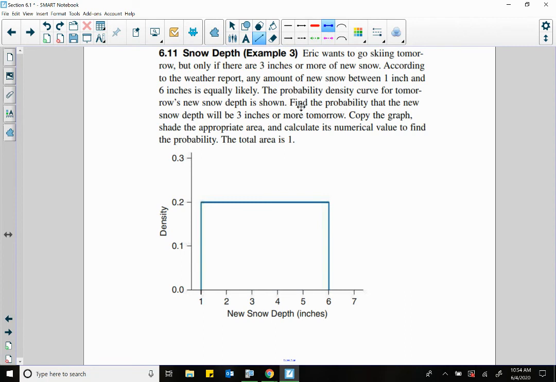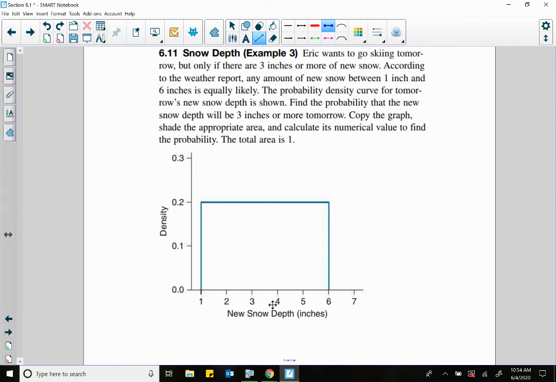So from here, it says find the probability that the new snow depth will be 3 inches or more. Okay? So remember that this is all about the area under the graph. The area under the curve.